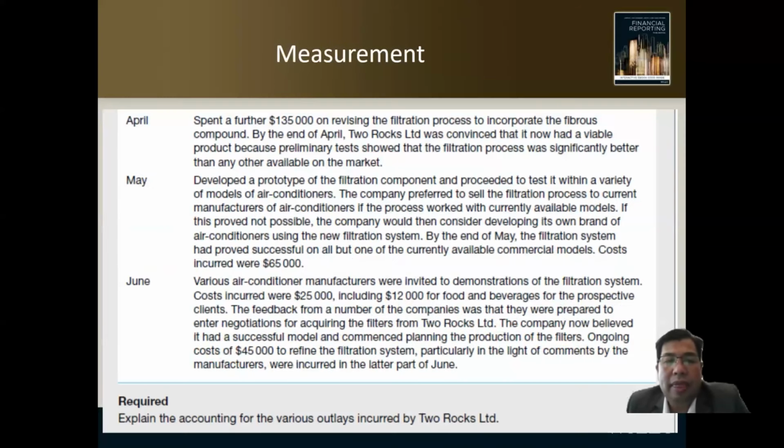In April, spend 135,000 on revising. You come up with a revised product to incorporate the fibrous compound. By end of April, Turok Limited was convinced that it now had a viable product because preliminary tests, very early tests, showed that the filtration process was significantly better than any other available on the market.